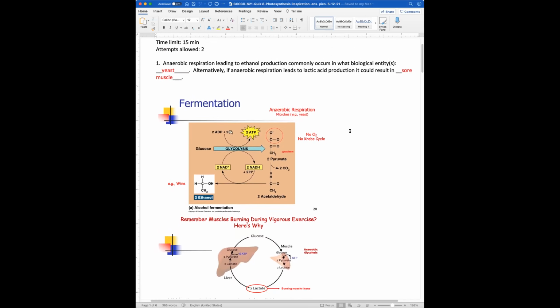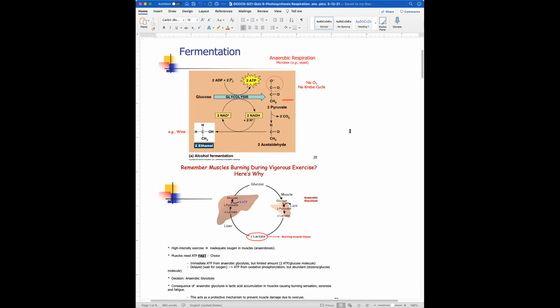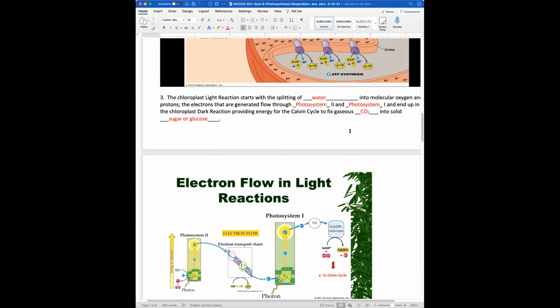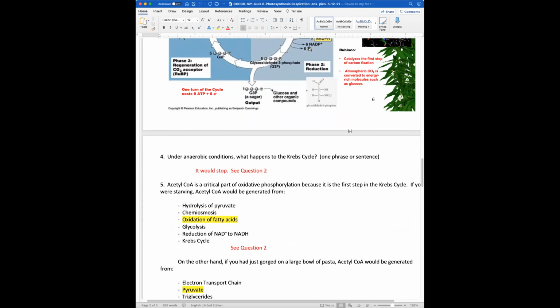Okay, so which question are you talking about then? The one that we just went over, how it would stop. Under anaerobic conditions, what happens to the Krebs cycle? The answer I put down is, since in anaerobic conditions there is no oxygen, it would produce less ATP.